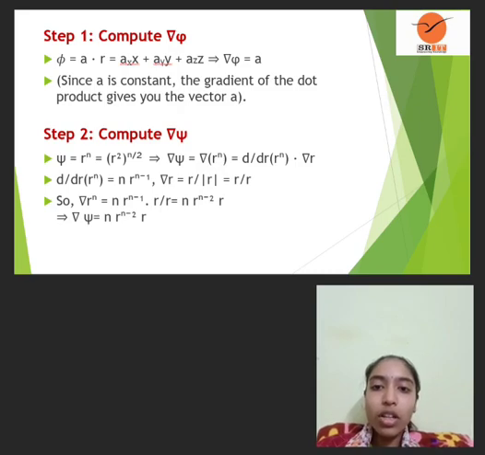Dou by dou r of r^n equals n r^(n-1), where del r equals r by mod r equals r by r. So del r^n equals n r^(n-1) into r by r, which equals n r^(n-2) into r. So here del xi equals n r^(n-2) into r.